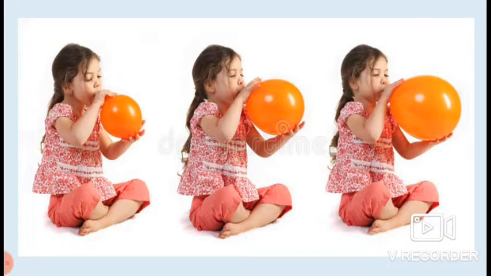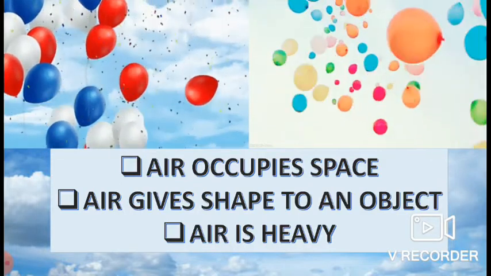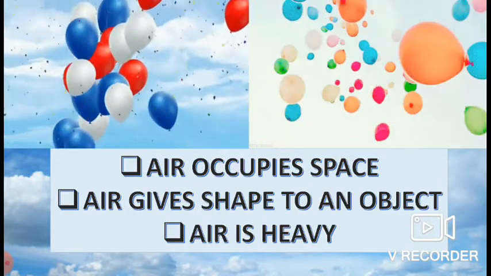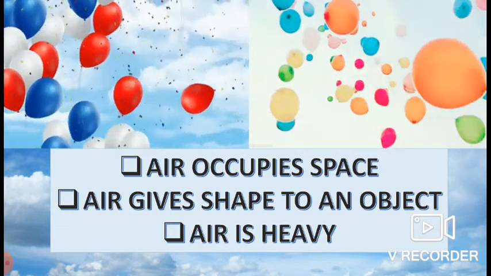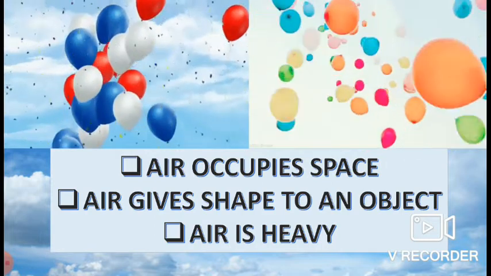You can also see your textbook page 57. In all those pictures, what did you see? Students, yes, air has given shape to the cycle tube, balloon and the tire of a car. The air has taken the space in all these objects.